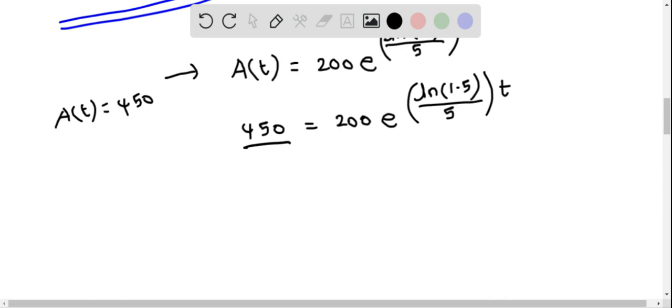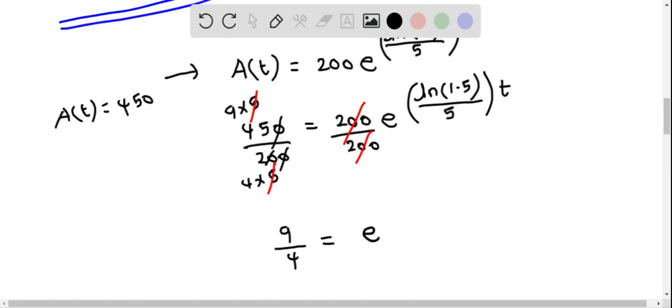These two 200s get cancelled, and here I can simplify this: 450 over 200 is 45 over 20, which is 9 times 5 over 4 times 5. I can divide the common factor 5, so it reduces to 9 fourths. So 9 fourths equals e raised to the power of the natural logarithm of 1.5 divided by 5, multiplied by t.